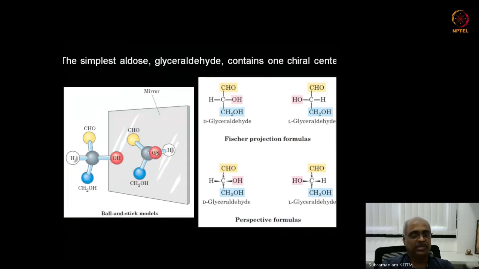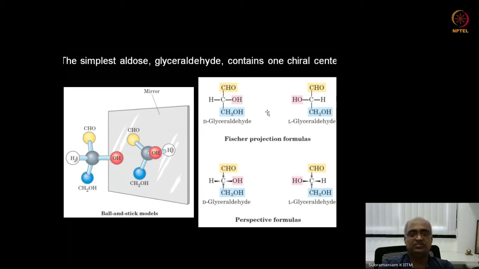So the mirror image, like here, the hydrogen and the hydroxyl group project towards you, and they can have an opposite orientation where the mirror images cannot be superimposed. So two versions are possible, and we usually write them in this form.